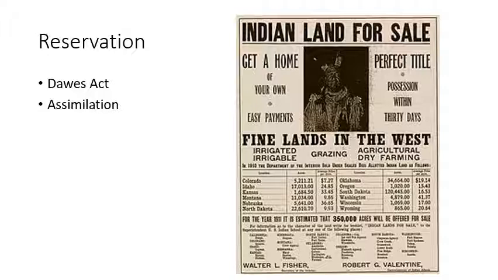Now, all of these ways that white people tried to force Native Americans to assimilate, quite frankly, scarcely succeeded. You do see some Native Americans adopting Christianity. More often they would adopt the formal education and the new job skills so that they could adapt to the world.